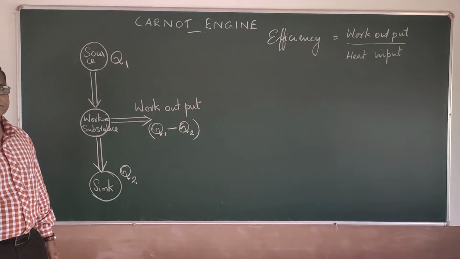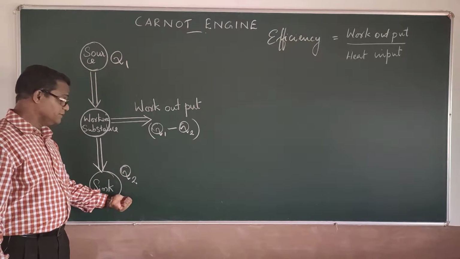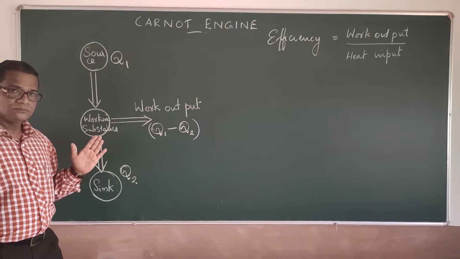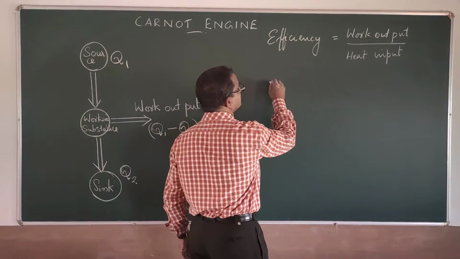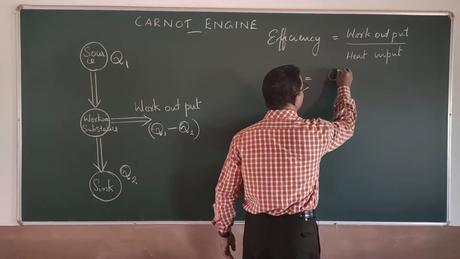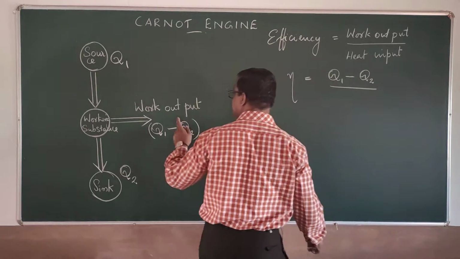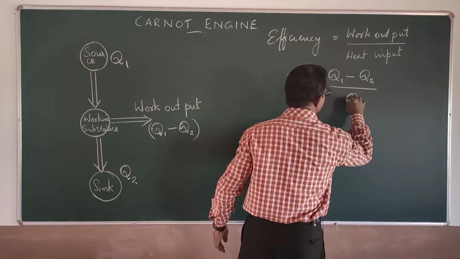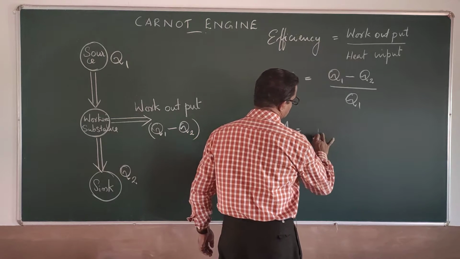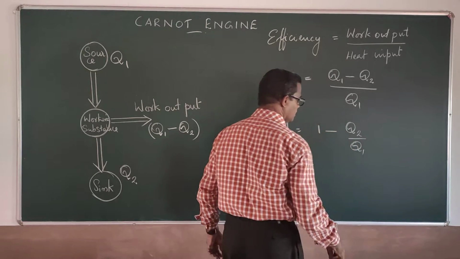Because Q1 is the energy absorbed from the source and Q2 is the energy given to the sink, Q1 minus Q2 will be the amount of work we can expect. Therefore, efficiency eta is equal to work output, that is Q1 minus Q2, divided by heat input Q1, or it is equal to 1 minus Q2 by Q1.